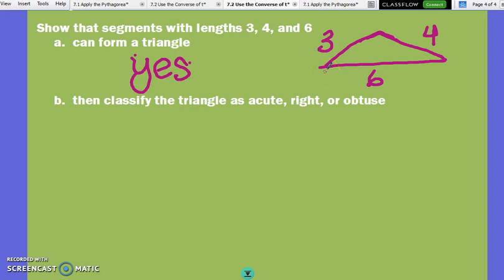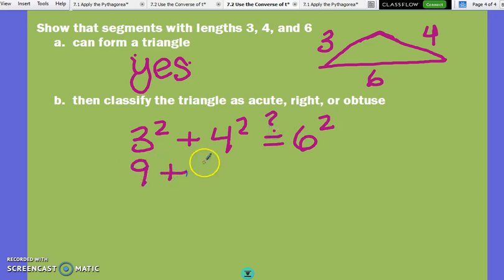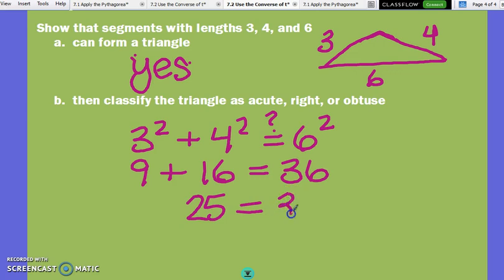And now if I ask you to classify by the angle, that's when you have to do the a squared plus b squared equals c squared, which probably doesn't equal c squared, but let's check. Does 25 equal 36? No. So we don't have a right angle, which maybe you could guess by my terrible picture, but that is not a 90-degree angle.